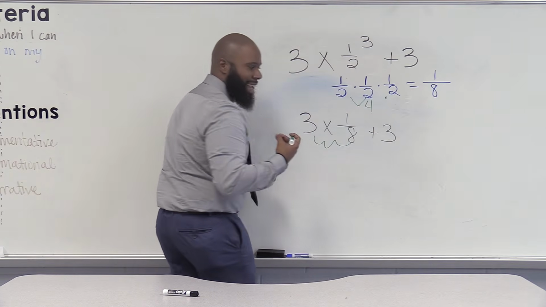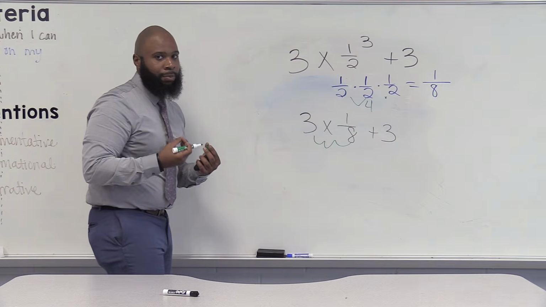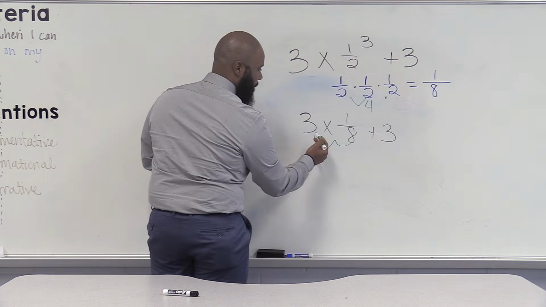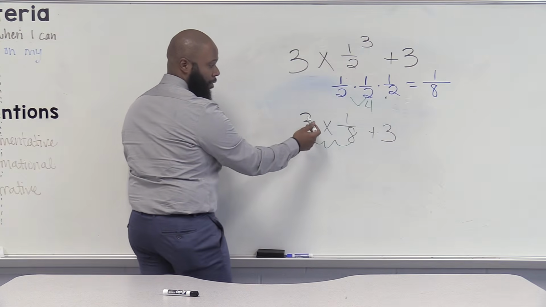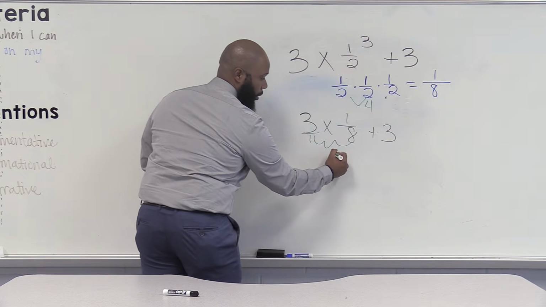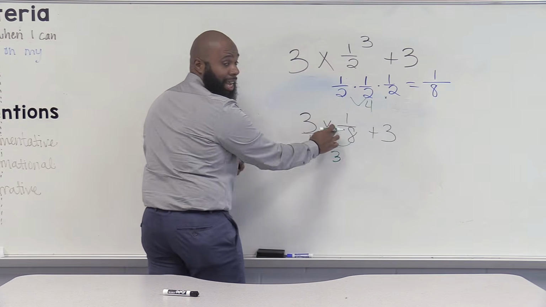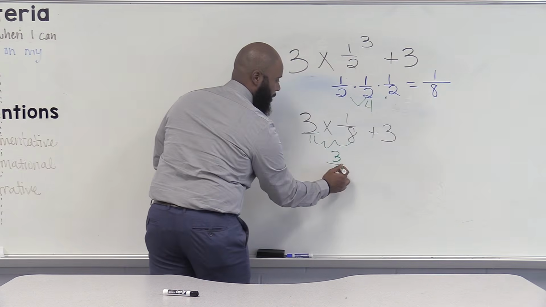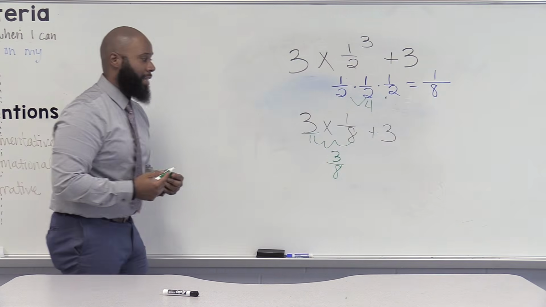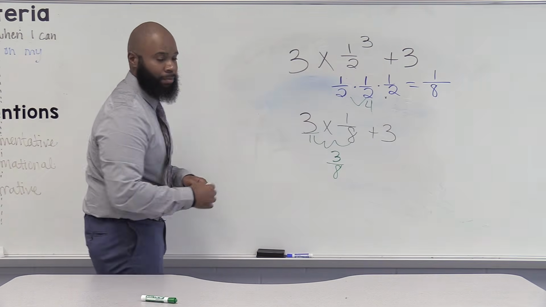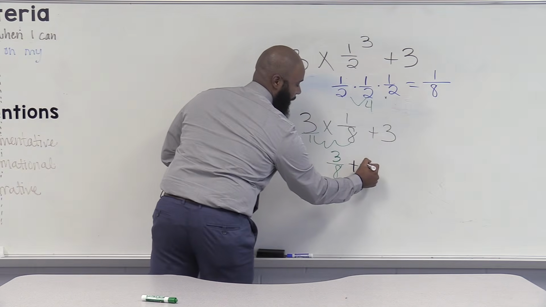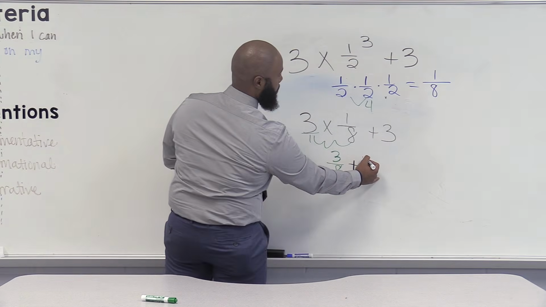To me, I like multiplying fractions with fractions. So when I do this, it's going to be 3 over 1 times 1/8. So 3 times 1 is 3. 1 times 8 is 8. So 3 times 1/8 is 3/8. Once I finish that, I'm going to bring everything else down. So I have 3/8 plus 3.